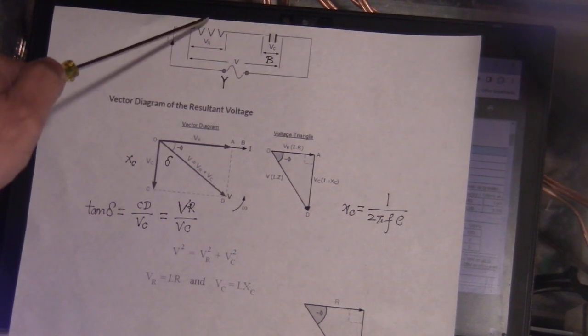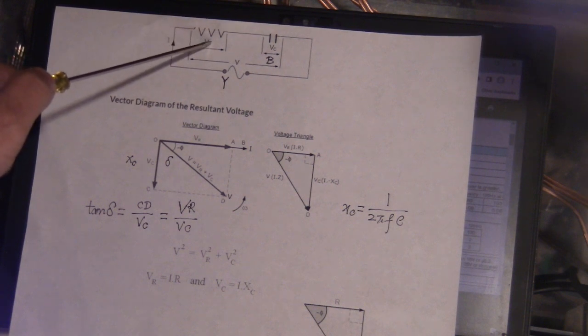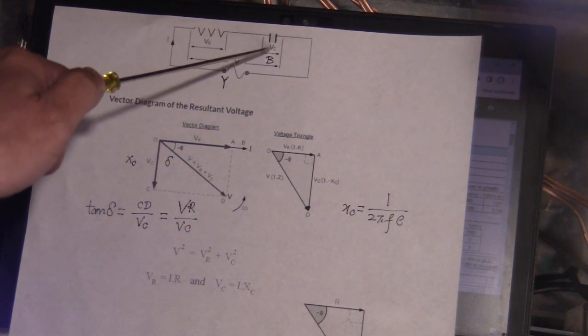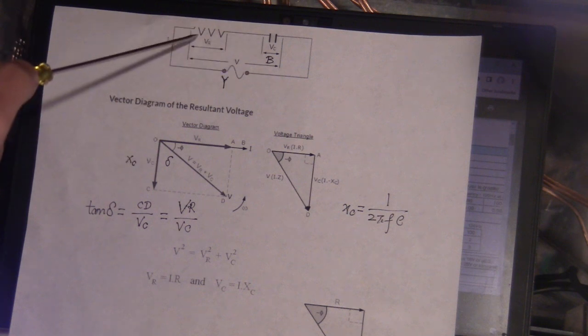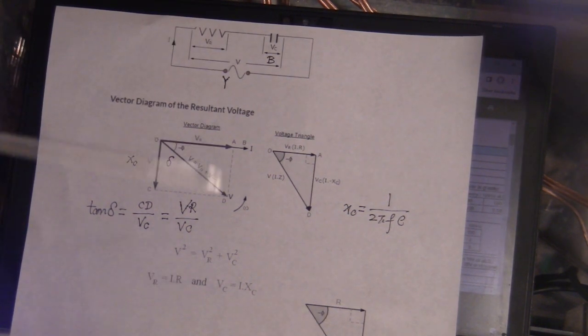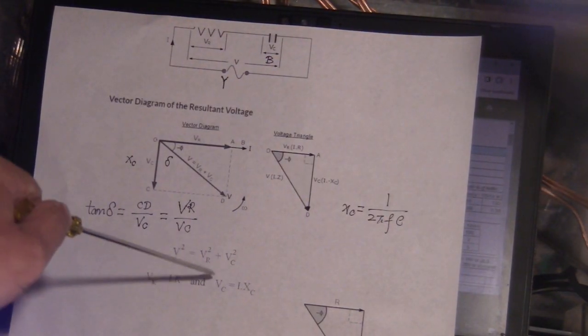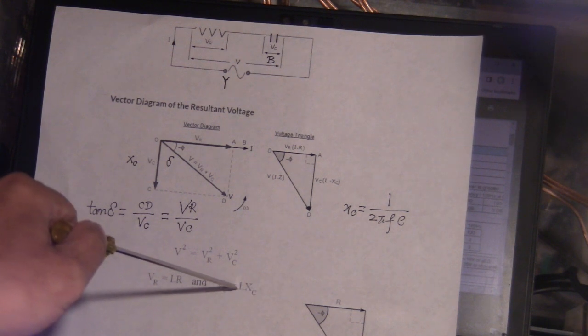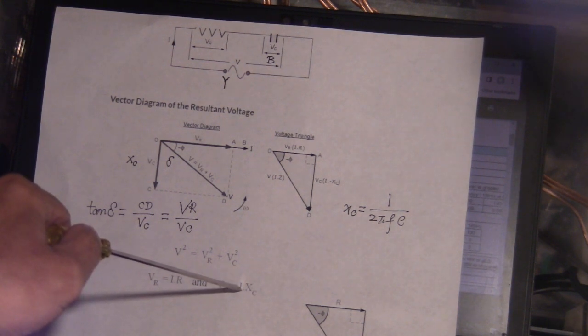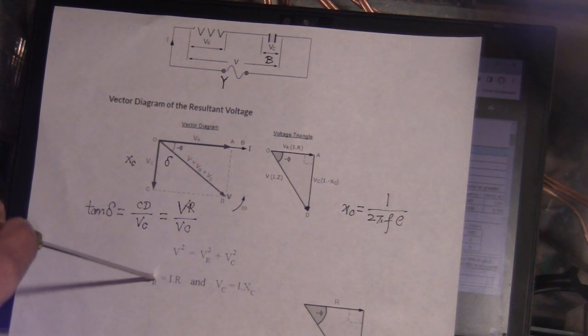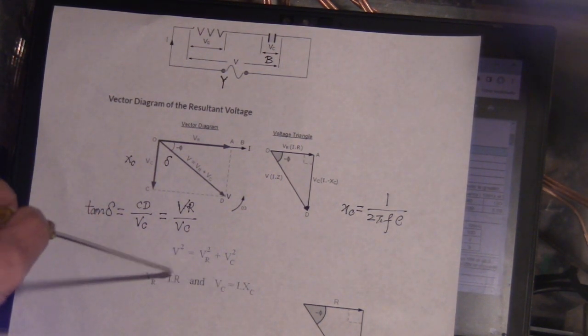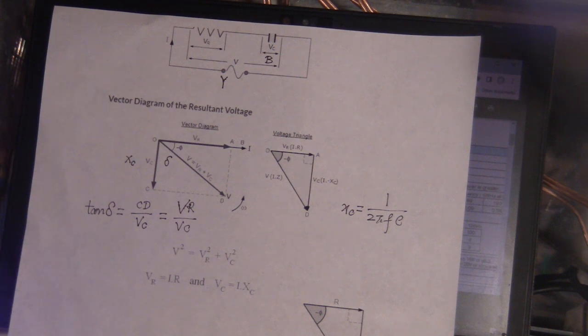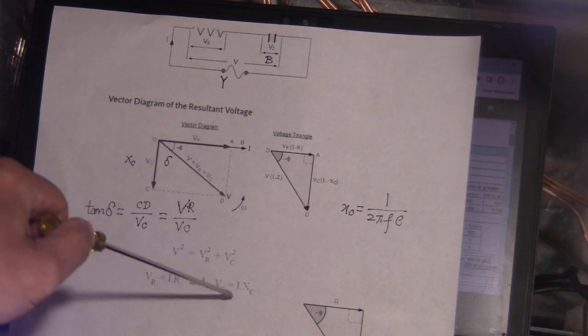VR is the voltage drop in the resistor. VC is the voltage drop in the capacitor. VR equals I times R, without any direction and phase change. VC is the reactance times the I, the current. Because in the serial circuit, current is the same, phase is the same, value is the same. So these two come together.